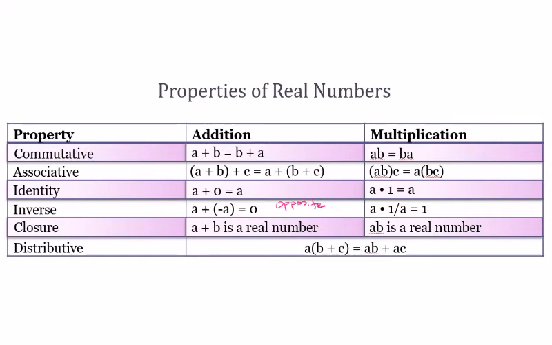And for the multiplicative inverse, it's the reciprocal. So a times 1 over a equals 1, right? Because remember, if we have a over 1 times 1 over a, top times top over bottom times bottom, we would get a over a, which equals 1.